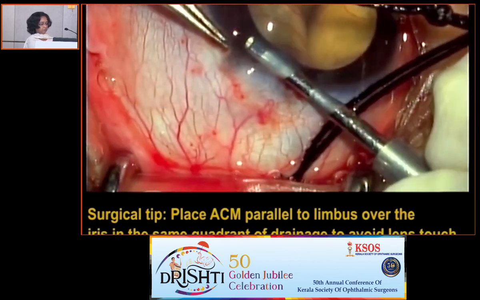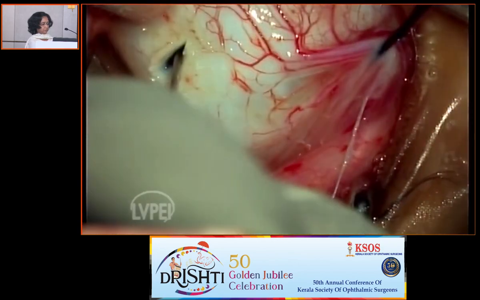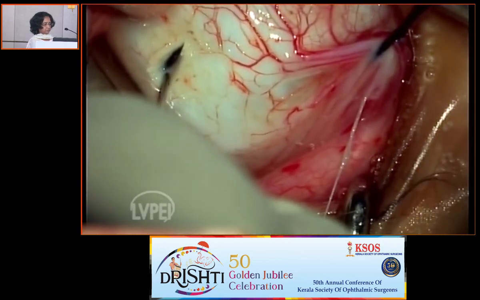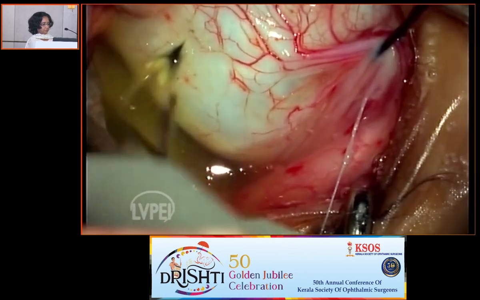An AC maintainer was used in the same quadrant of drainage in this case so as to avoid lenticular injury and to ensure near complete drainage of subretinal fluid.